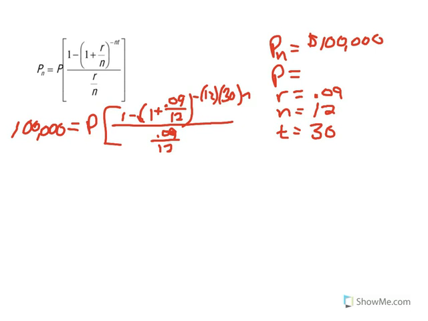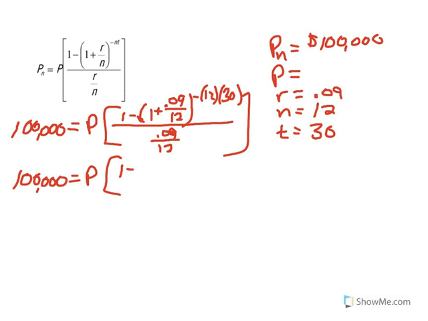Let's simplify this as best we can. Some things that we can obviously simplify. 12 times 30 we can simplify. 0.09 divided by 12 we can simplify. Using a calculator, 0.09 divided by 12 is 0.0075.